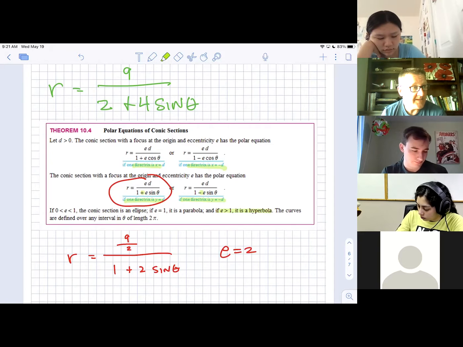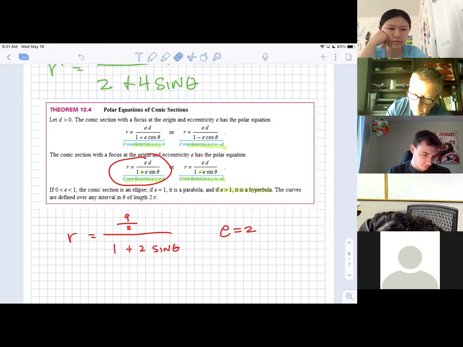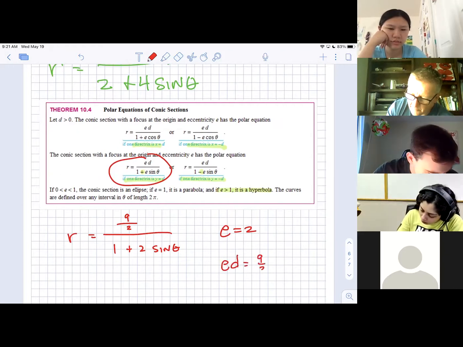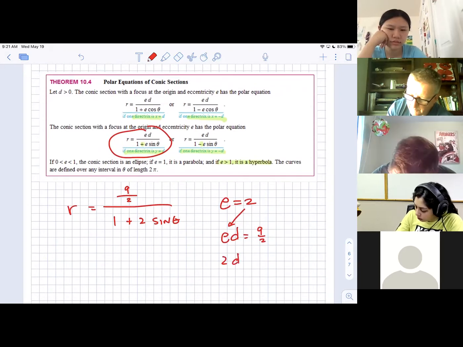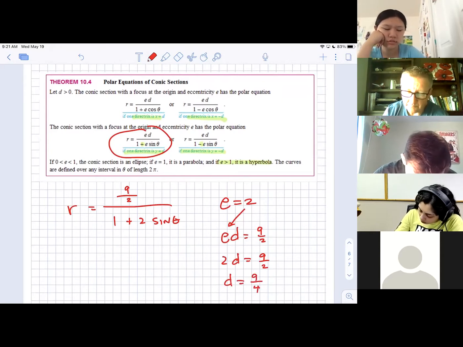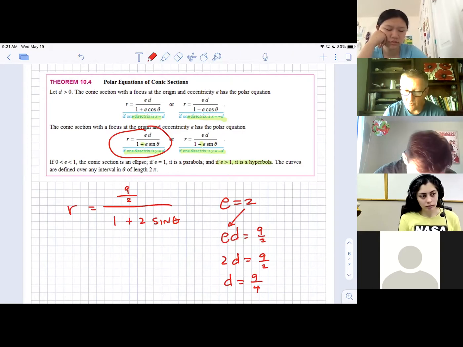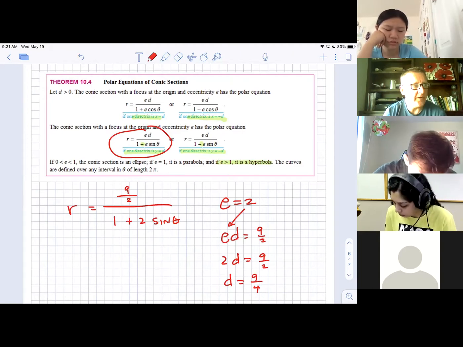Because the top is E times D. So since E times D is equal to 9/2 for us, and we know E is 2, then D would be equal to 9/4. So I could graph the line y equals 9/4.